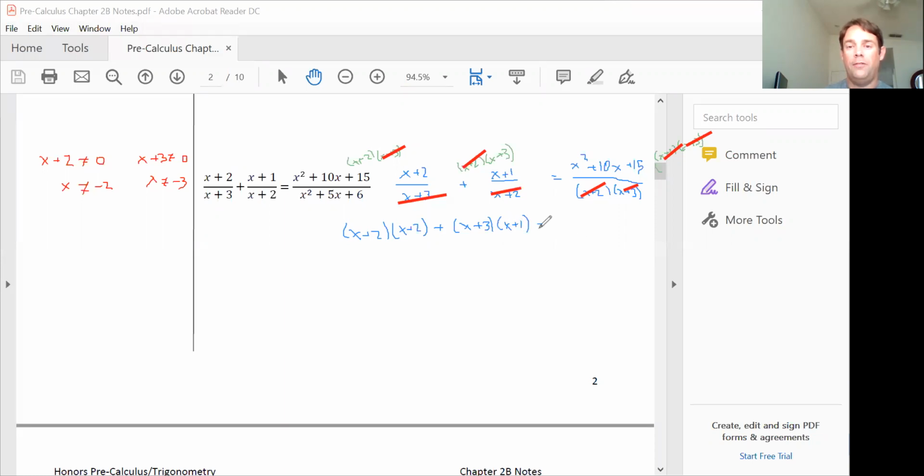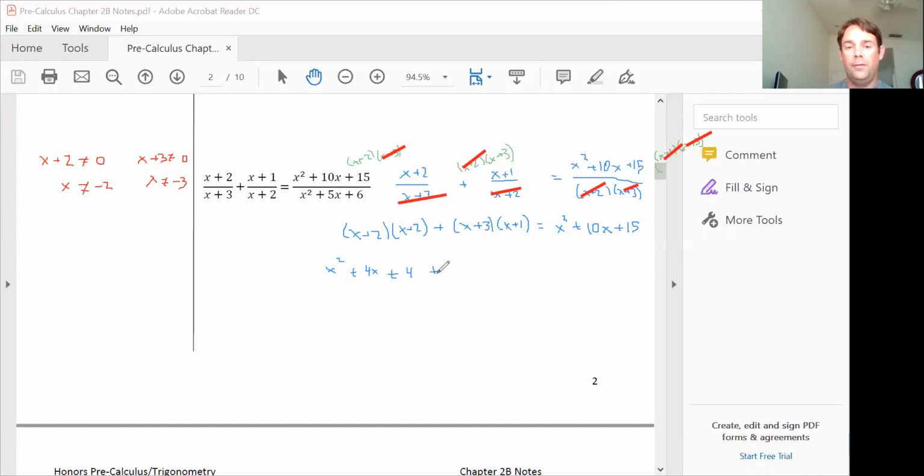And then right here, we'd have x squared plus 10x plus 15. So x squared plus 4x plus 4.